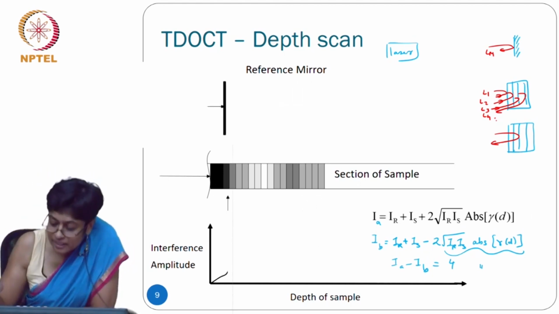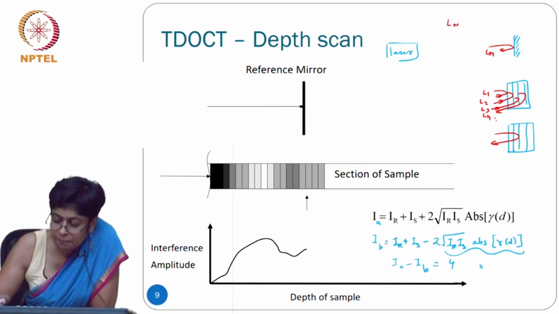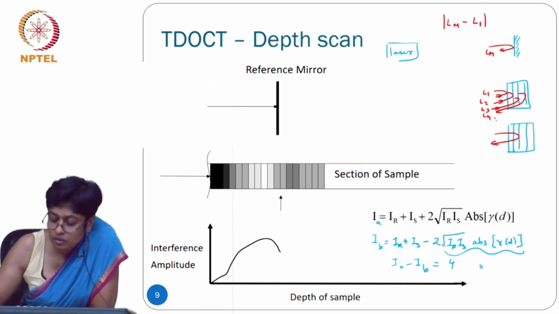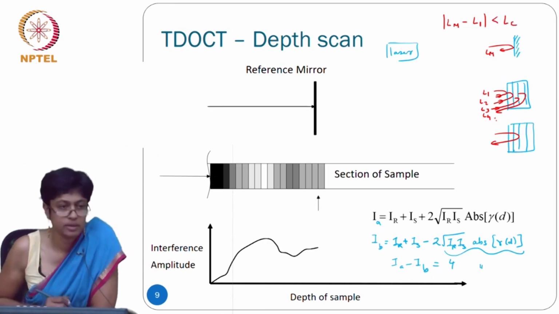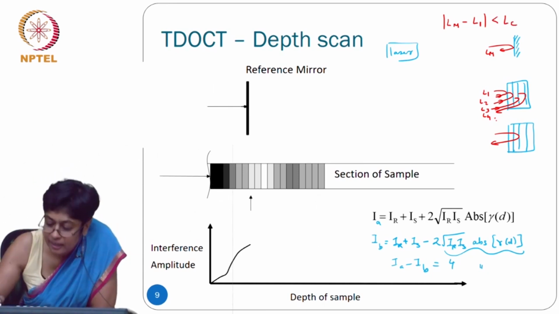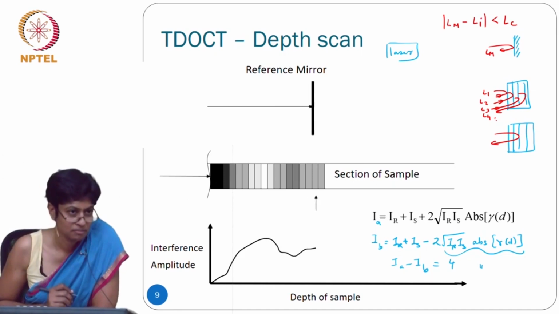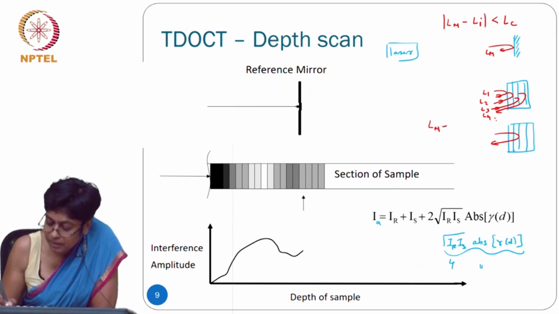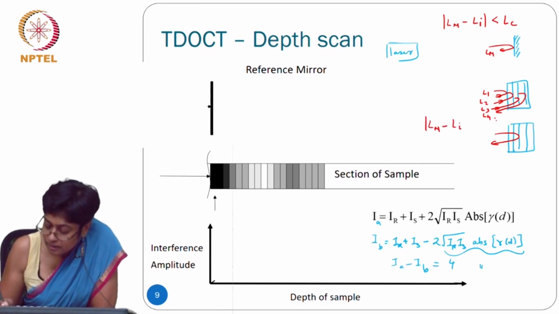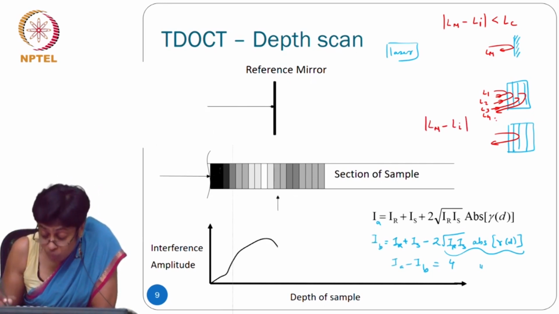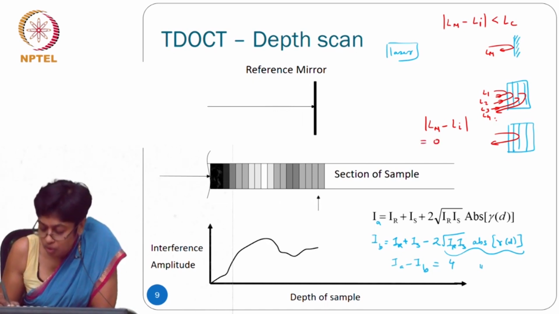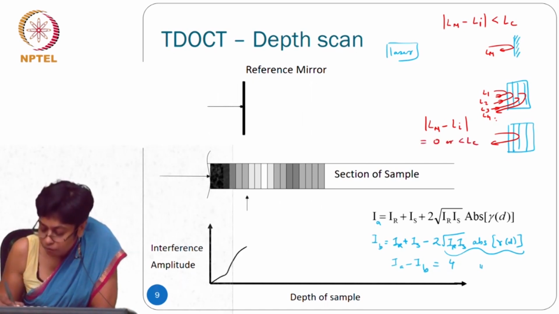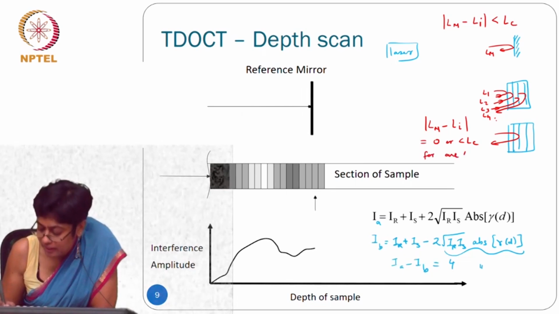So in the case of a laser, Lm minus Li is always less than the coherence length Lc for any layer. And in this case, Lm minus Li is equal to 0 or less than Lc for only one Li at a time.